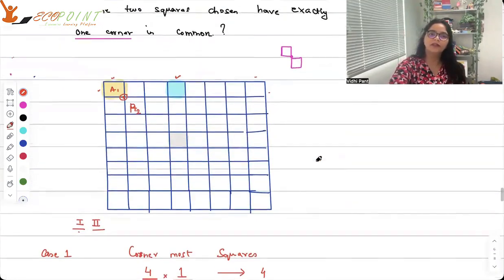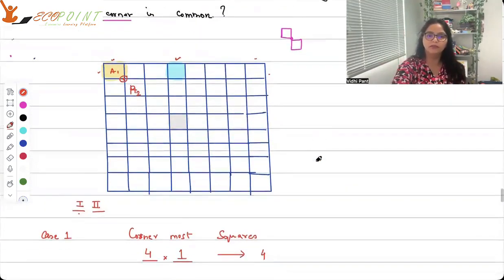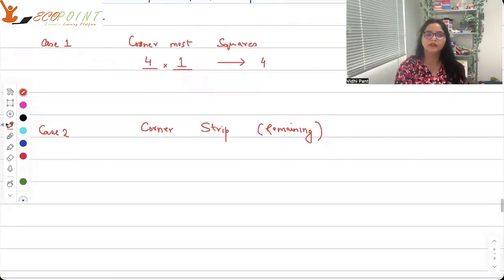For example, if I take the topmost strip, there are 6 remaining squares, because a chessboard is 8 cross 8.